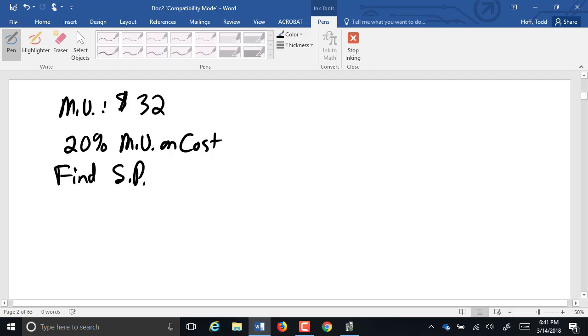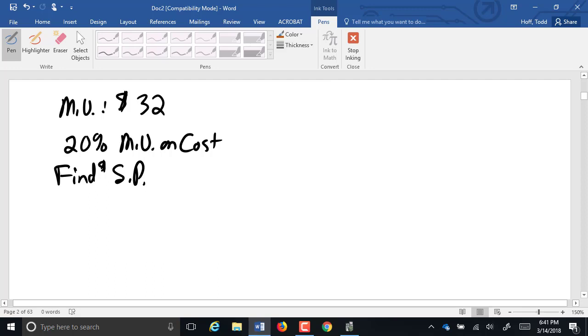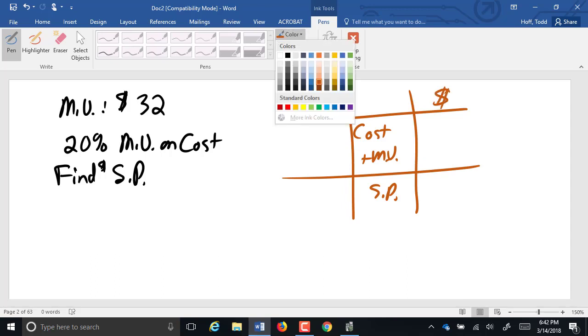Find the dollar amount of the selling price. Now, this looks like a very similar problem. Can anybody tell me what the major difference is here?